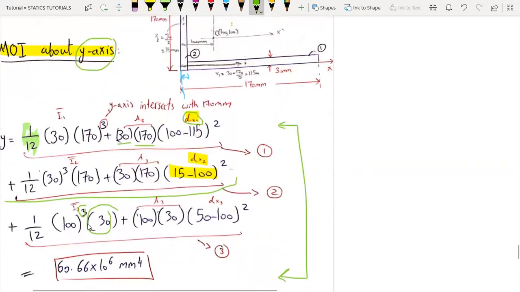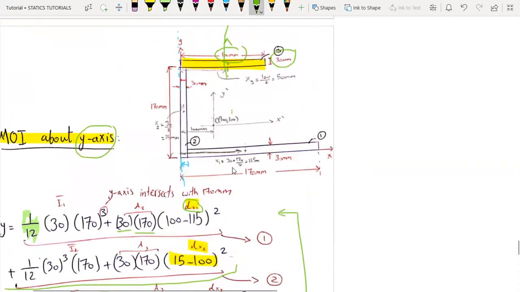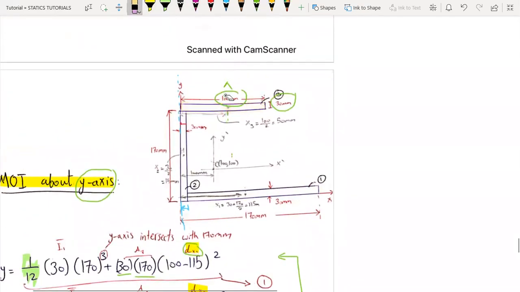And the area is, of course, 100 by 30, and dx will be what? Here is our axis. It's at a distance from the datum of 100 over 2, correct? Here it is 50 millimeters.